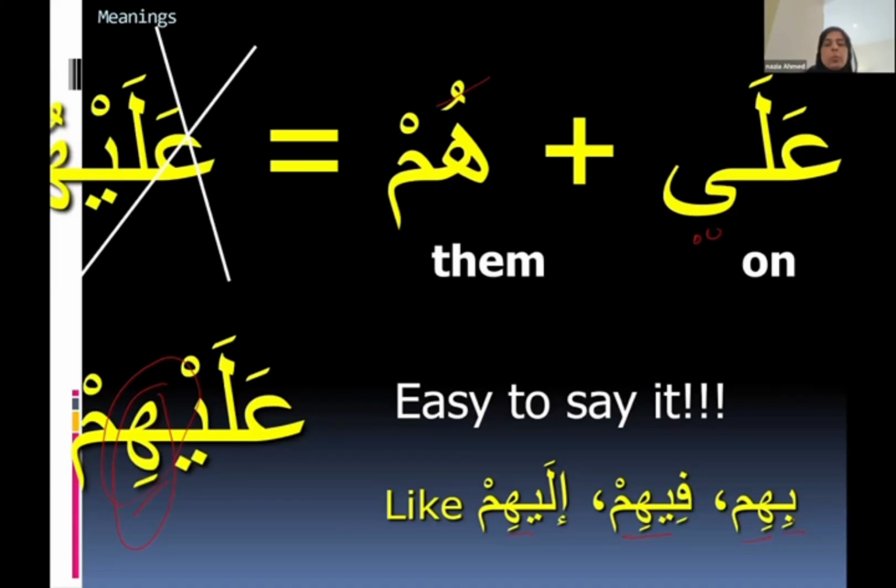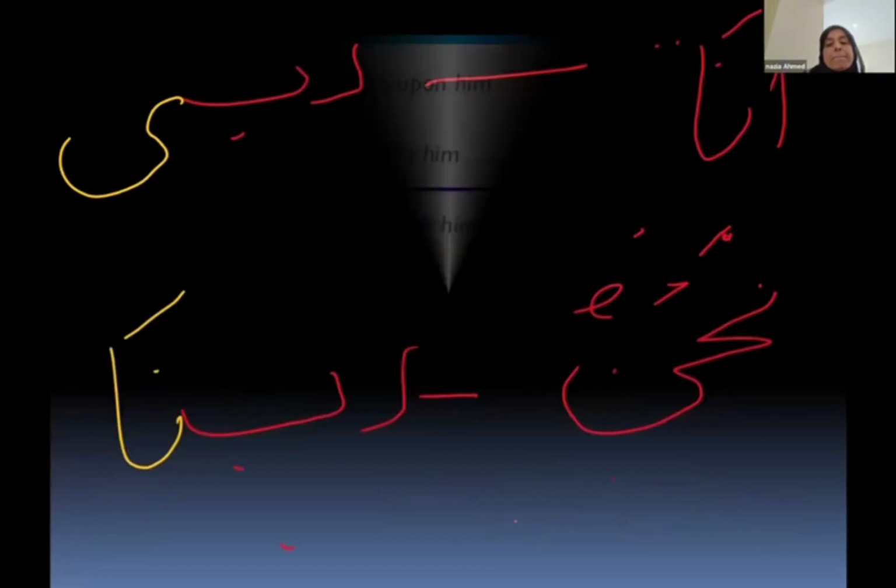So in order to encourage the flow of the language, we just change hum into him, bihim, fihim, because ya has a friendship with kasra. Ilayhim, it won't be ilayhum, it will be ilayhim. Okay?